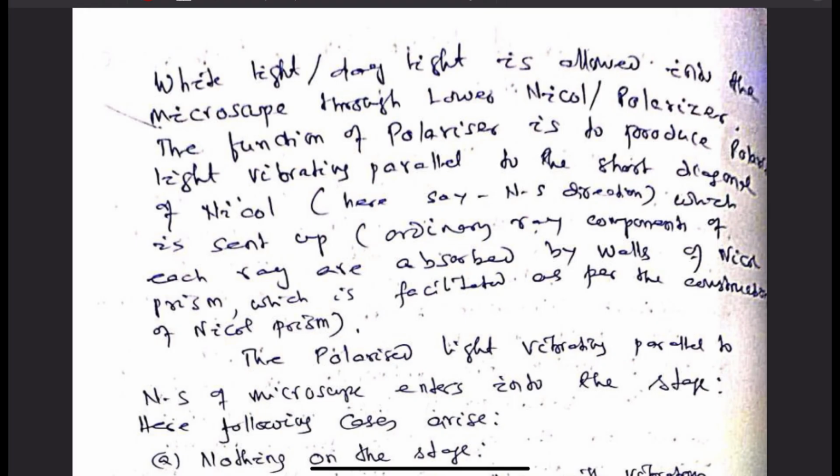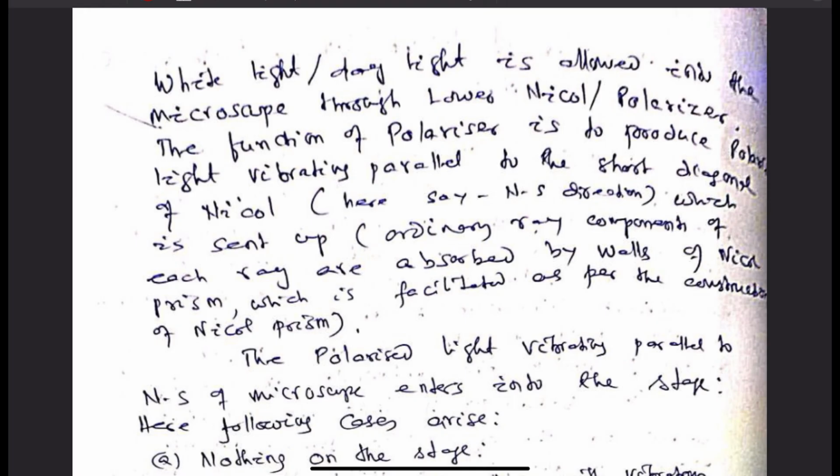It may be through a rheostat mechanism or through lenses. By filtering the light, white light is allowed into the microscope. So white light enters into the polarizer, which is placed above the light source. The polarizer is the nickel prism.